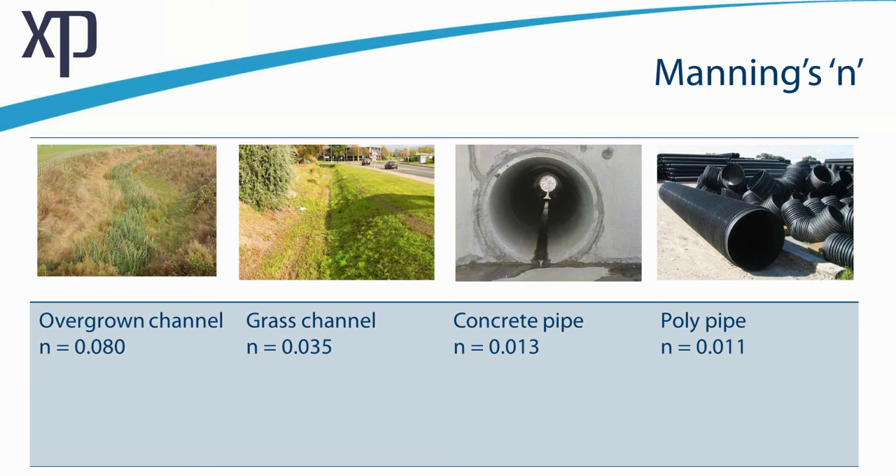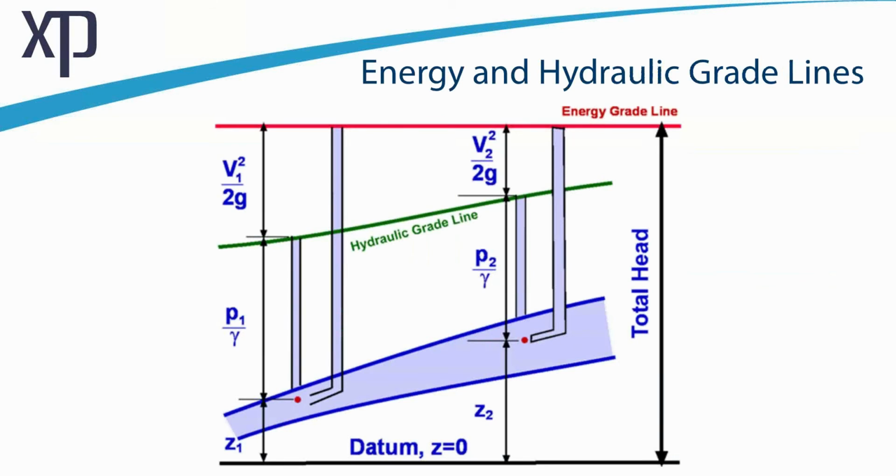And one quick note is, of course, that as the Manning's roughness value increases, that does affect the performance of the conveyance of any element, and typically the depth of flow will increase as the resistance itself is increased. And that change of water elevation is a key aspect that engineers need to assess. And the key outcomes here are to determine the hydraulic grade lines.